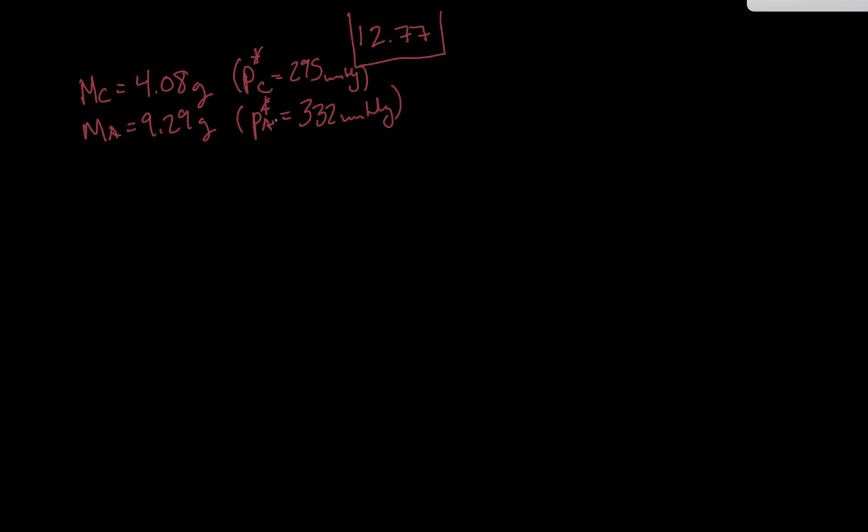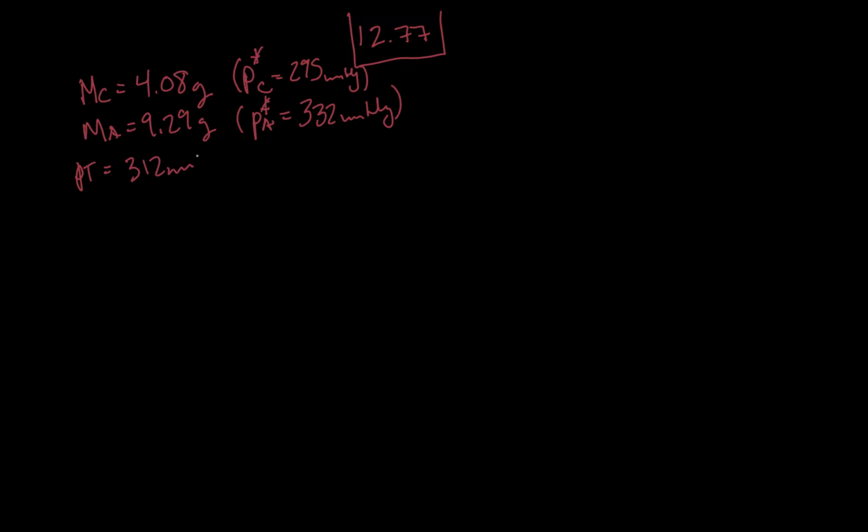Those are the pure pressures of both the components at the same temperature. Doesn't matter the temperature; it just matters that they're both at the same. The experimentally measured total vapor pressure of the solution at the same temperature again was 312.